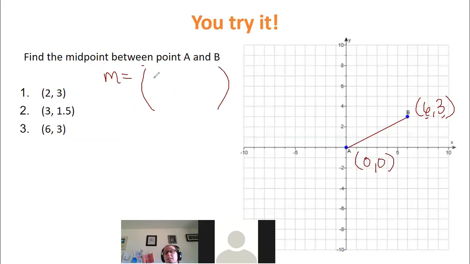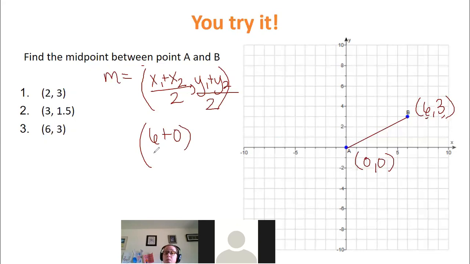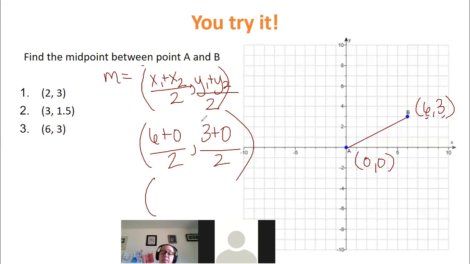Because the midpoint tells us that we add the X's together and we add the Y's together. And if one of our X's and Y's is 0, then if I put X in there, it's going to be 6 plus 0. And Y is going to be 3 plus 0. So what's half of 6? What's 6 divided by 2?